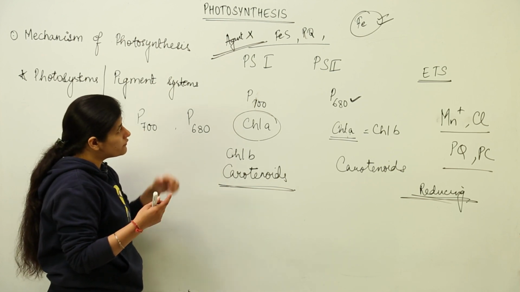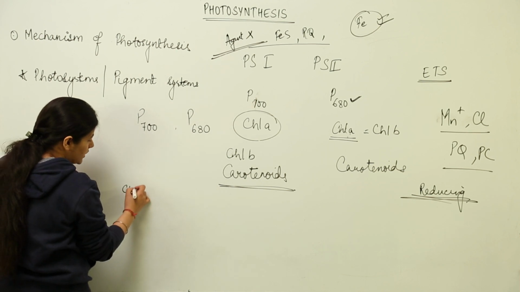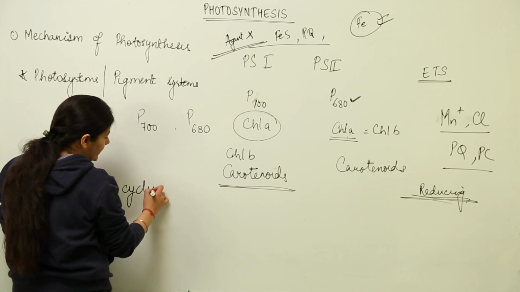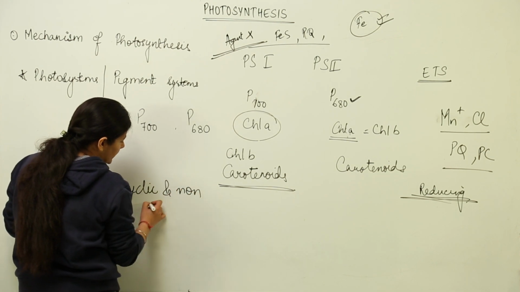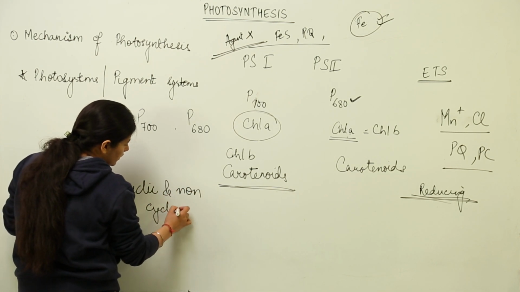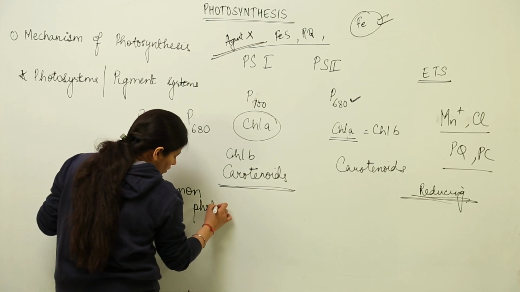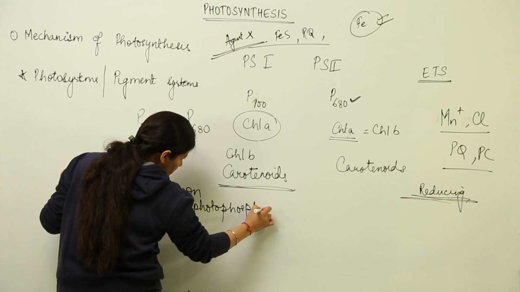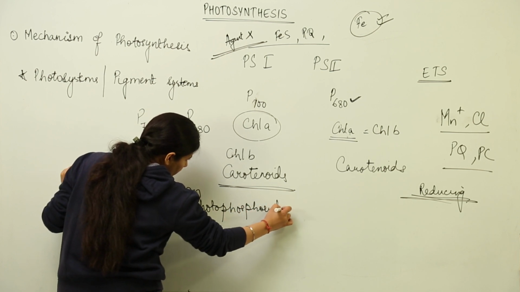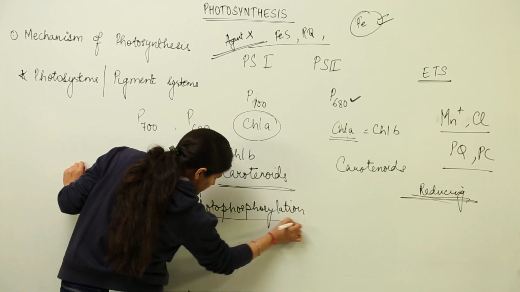One more thing you have to remember, new terms that we have, that PS1 is involved in cyclic as well as non-cyclic photophosphorylation. Now this is a new term. We are going to study in great length about this, that what is this.